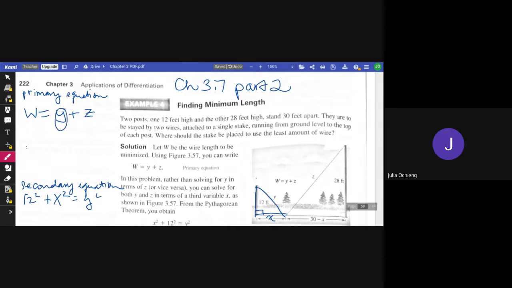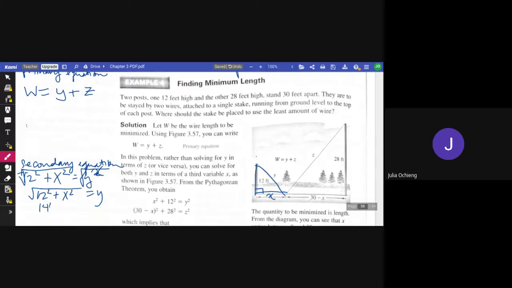Remember, I'm looking for a way to replace y with another expression. So I'm going to square root both sides. I'm only going to take the positive square root because length cannot be negative. So I'm going to dismiss the negative one. And y equals the square root of 12 squared plus x squared.